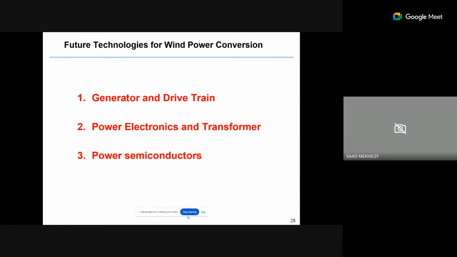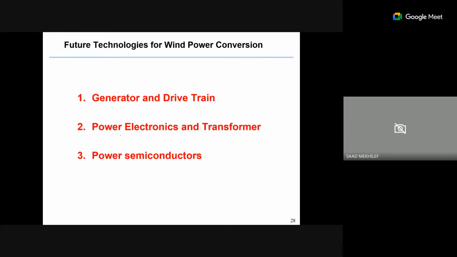So for the next 30 minutes, we'll be focusing on the future technologies for wind turbine configuration. This is quite an important topic, because knowing where this technology is heading will help us in doing proper planning, especially if you are a power engineer interested in installing wind farms.